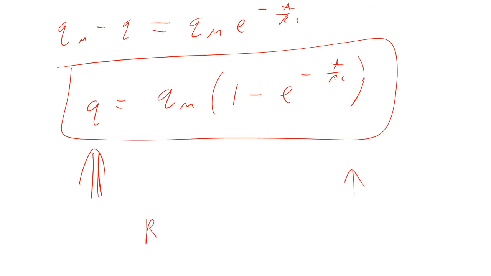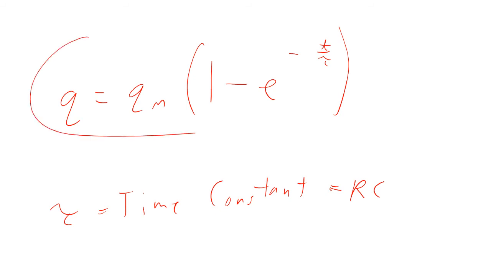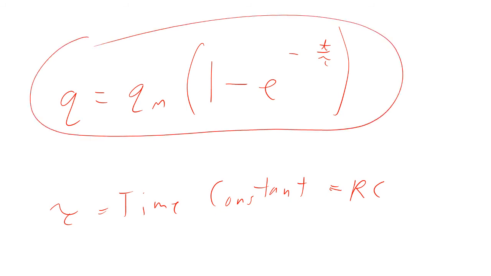Notice the RC. That's going to be the same tau that we had before. So Q is going to be Q max times 1 minus E to the minus T over tau. Tau is still our time constant, equal to RC. So this is the charging on that capacitor.